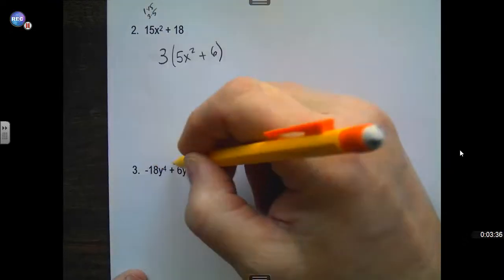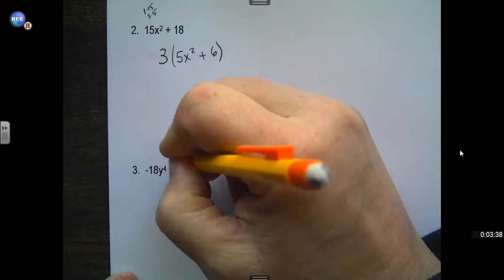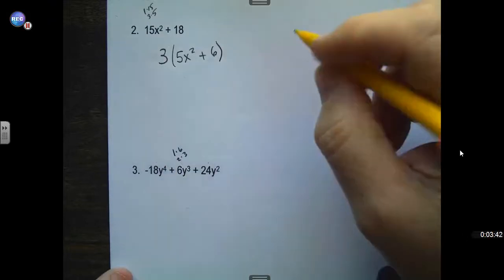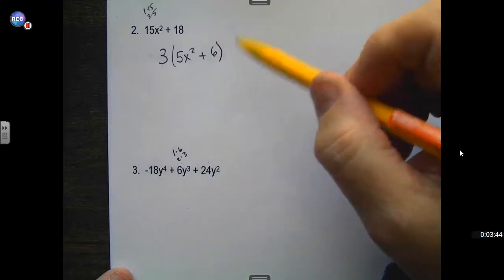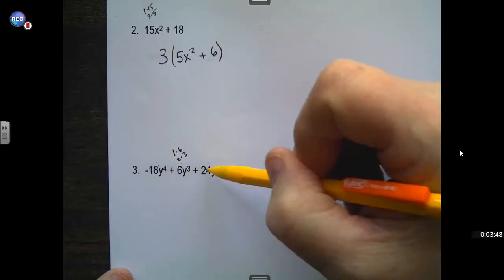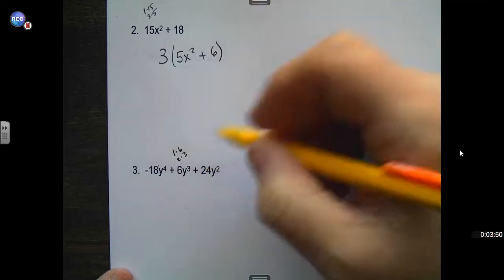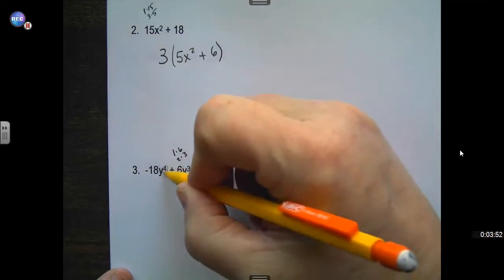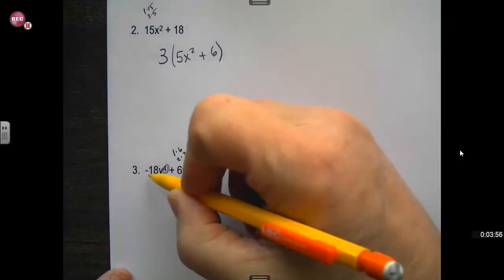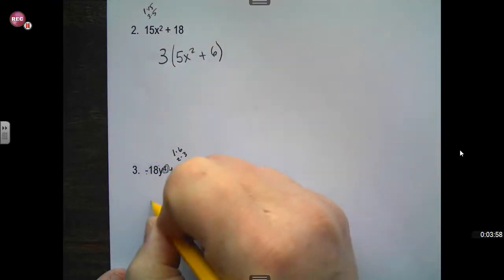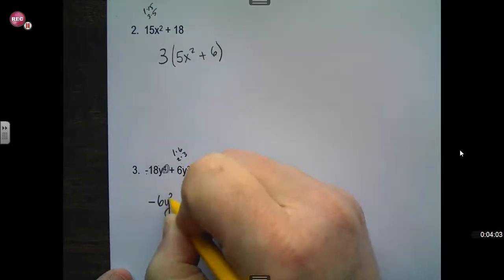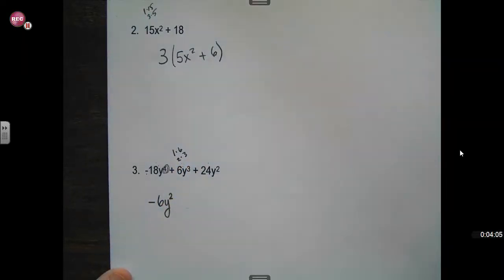When I look at 18, 6, 24, see 1 times 6, 2 times 3, 6 goes into 18, 6 goes into 6. A lot of times, when our leading coefficient in standard form is negative, we like to factor out a negative 6, and then y squared would be my greatest common factor.